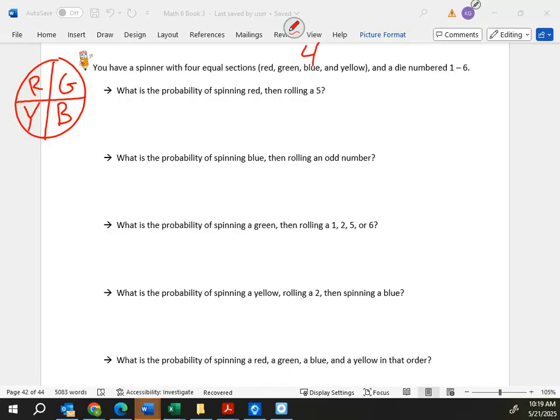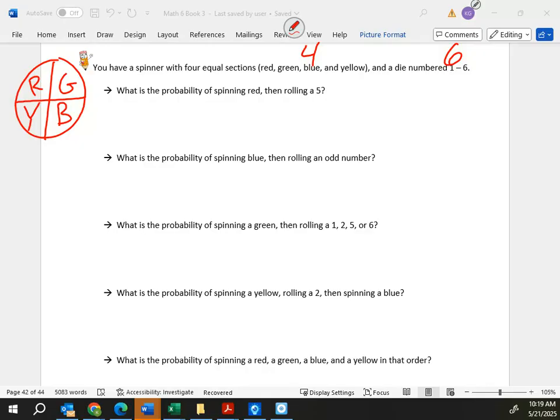There are 4 total possible outcomes for the spinner. How many total possible outcomes for rolling the dice, Lila? 6. So if you're doing a probability with the spinner, your total possible is going to be 4. If you're doing a probability with the dice, your total outcomes would be out of 6.